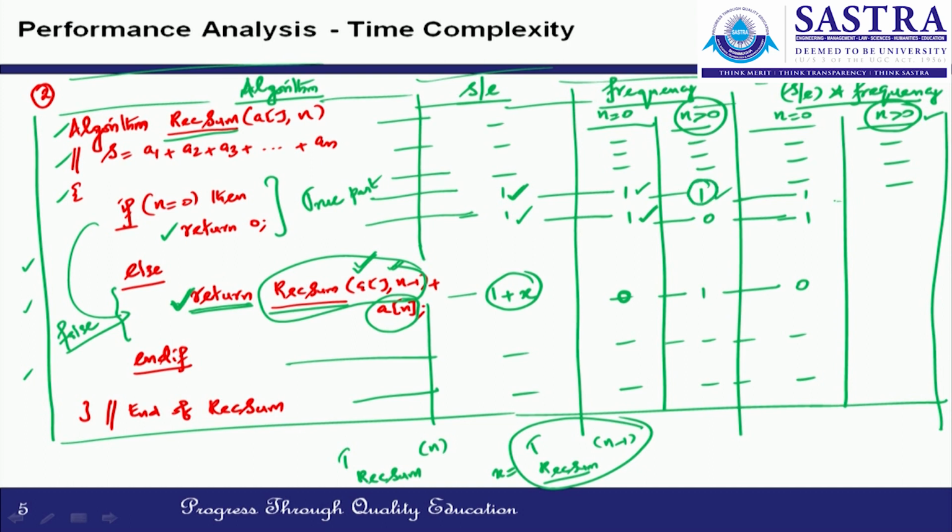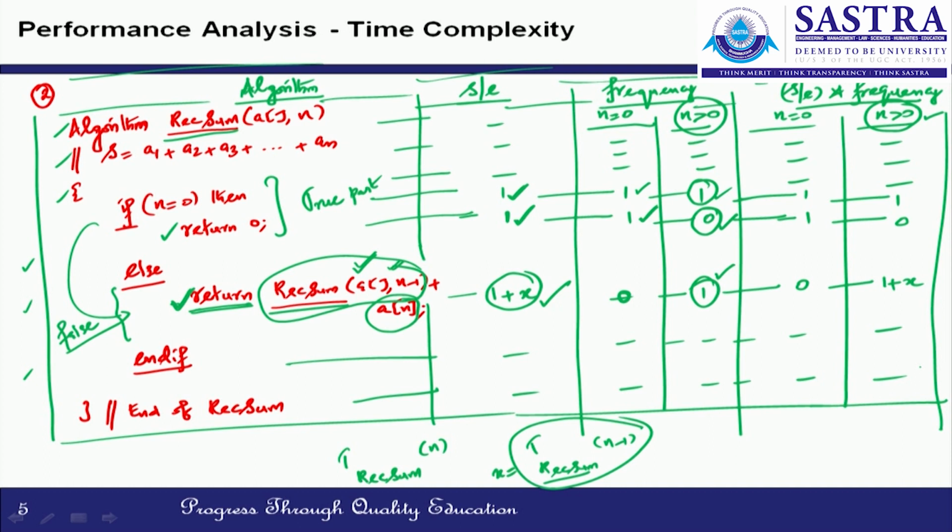So, writing 1 into 1, 1, then step per execution, this one is multiplied with this quantity 0, results in 0. Then 1 plus x is multiplied with this n greater than 0, 1 plus x into 1, this results in 1 plus x. End if hyphen, then a closing curly brace hyphen.